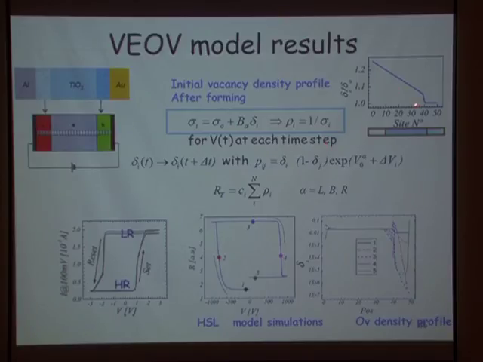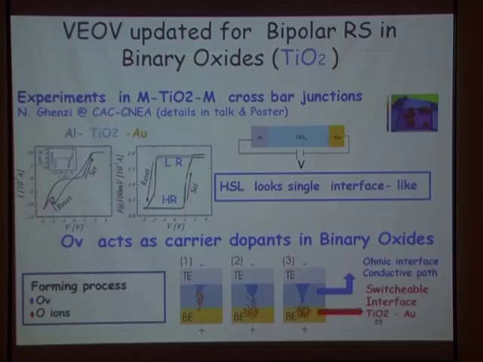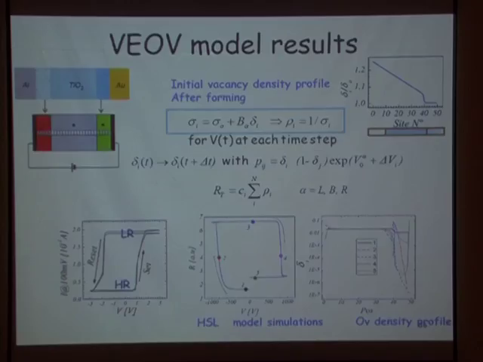And this is the initial profile of oxygen vacancies that we have along our sample. It is concentrated in this region. This is the right part, when I flip this filament to the horizontal position. This is the gold interface, titanium dioxide-gold interface.